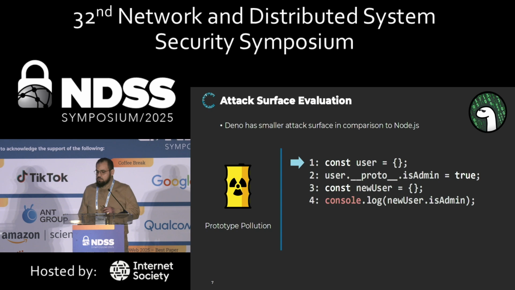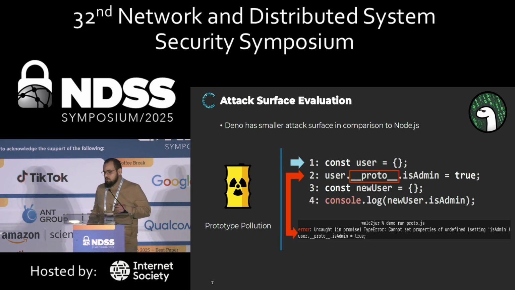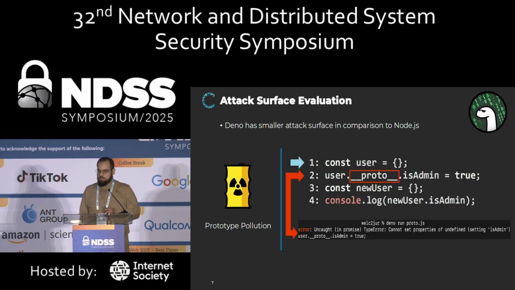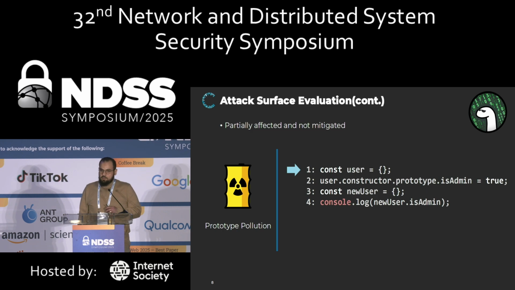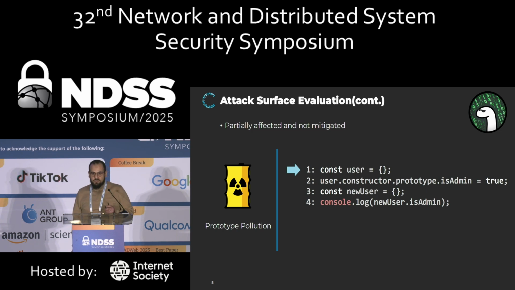You define an object and then you use __proto__ to try to access the prototype chain. But what happened in Deno? Deno was able to block this attack since it freezes these properties. So, is __proto__ the only way to do prototype pollution?